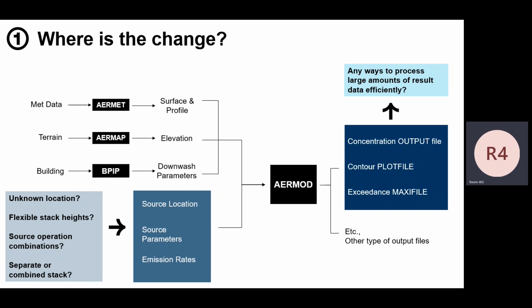Then when the model has the results, we all know that the key analysis is the frequency of exceedance analysis. The exceedance file will give you a list of all the exceedances, but it will not tell you at a given location how many exceedances there are. And for TCEQ, we all know that you need to look at how many times it exceeded the threshold: 1 time, 2 times, 10 times, things like that.